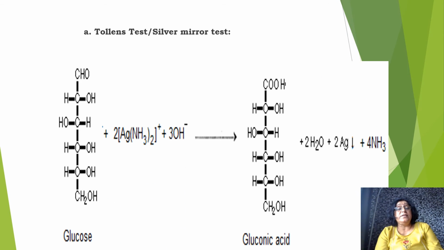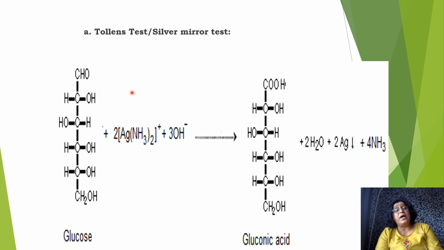Now what is the Tollens test? When glucose is treated with Tollens reagent, what happens? On the walls of the test tube you get a silver mirror, and the aldehyde group gets oxidized to the carboxylic group. That means glucose gets converted to gluconic acid, and the diammine silver hydroxide, which is the Tollens reagent, gets reduced to silver, and silver gets deposited on the walls of the test tube.